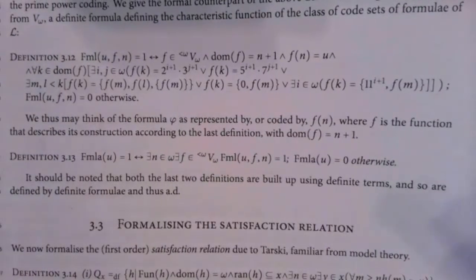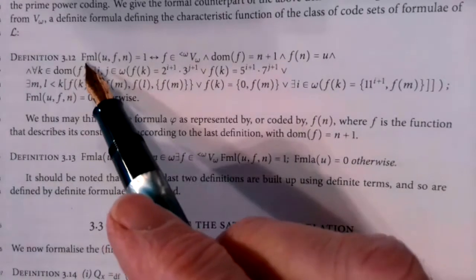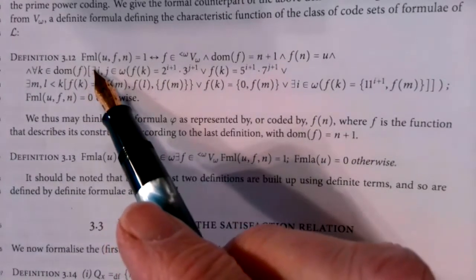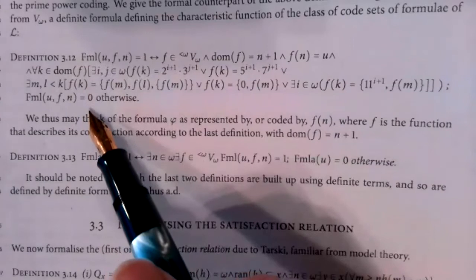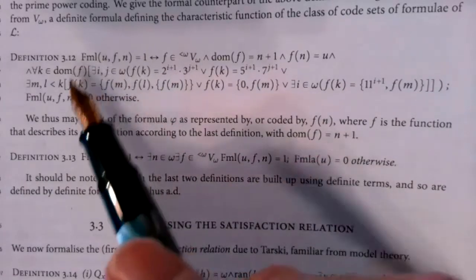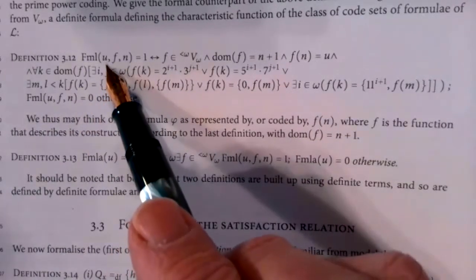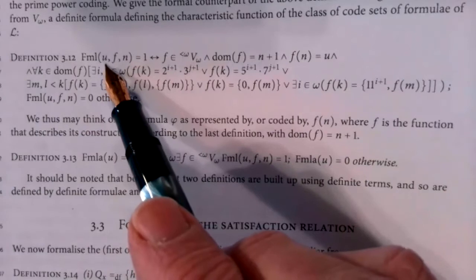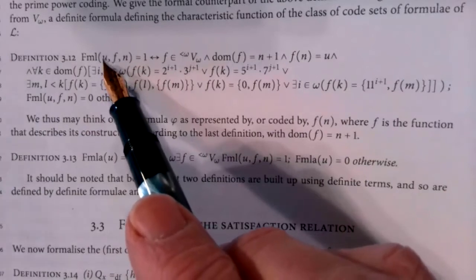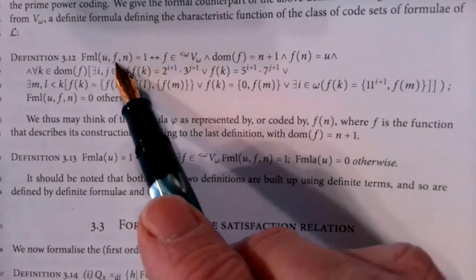So actually it comes in two stages. We define this function fml, and it returns either a 1 or a 0. And it defaults to 0 in most cases, but if, on the other hand, it'll return a 1, and the idea is that f is a building function.